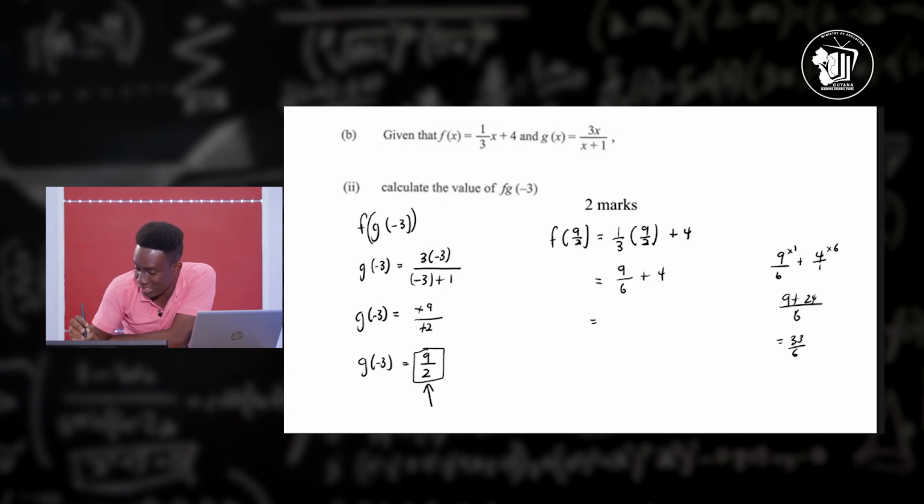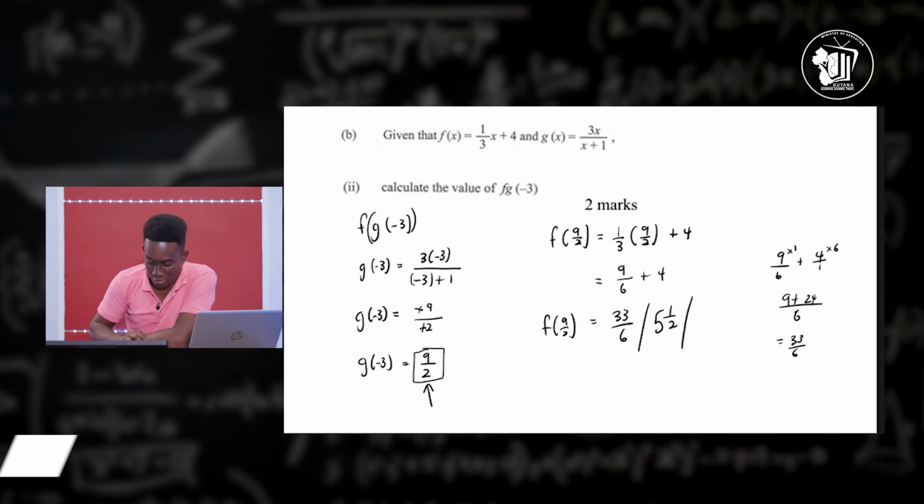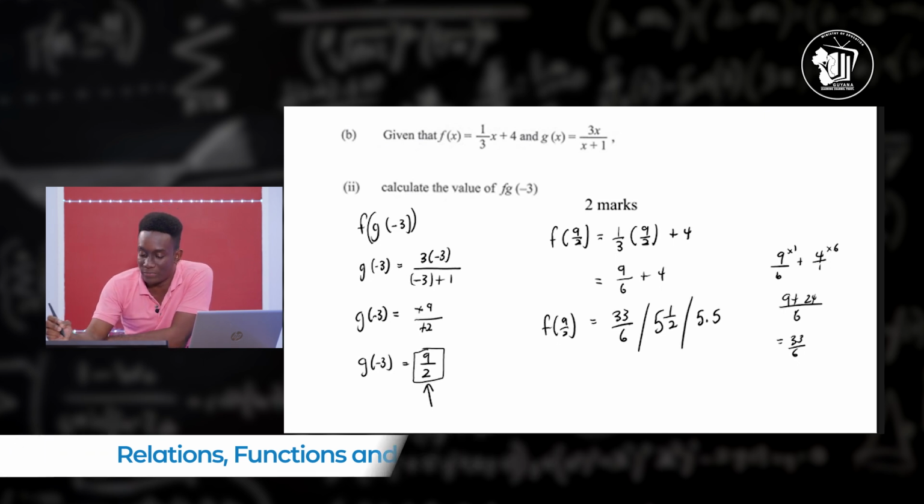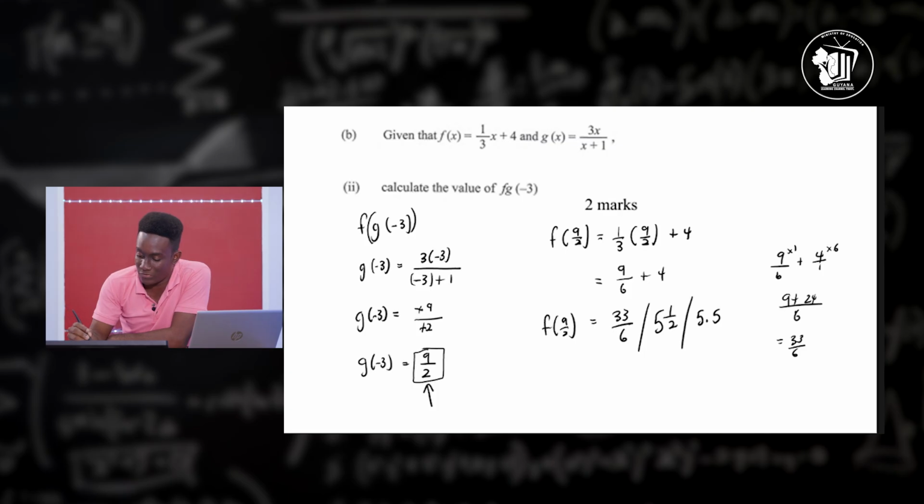So f of 9 over 2 is equal to 33 over 6. This can be 5 and 1 over 2, or 33 divided by 6 simply gives us 5.5. You could also have used 4.5 and multiplied throughout, but either of these answers will work as the correct answer. So let's move on to the next question.